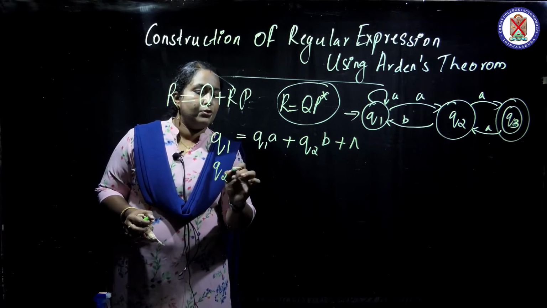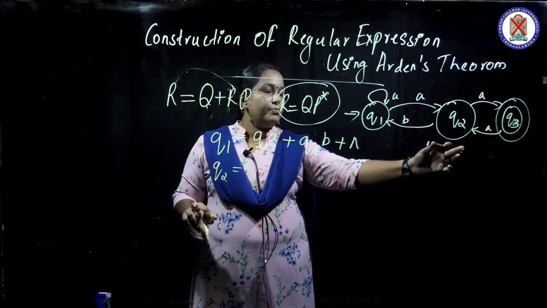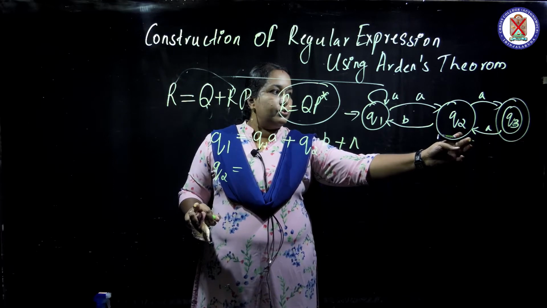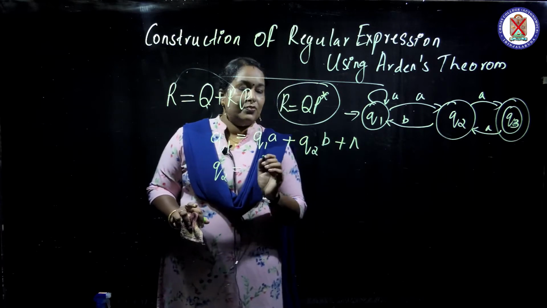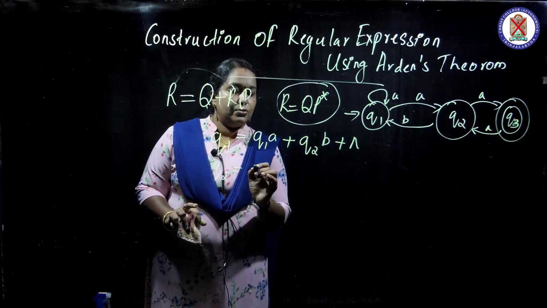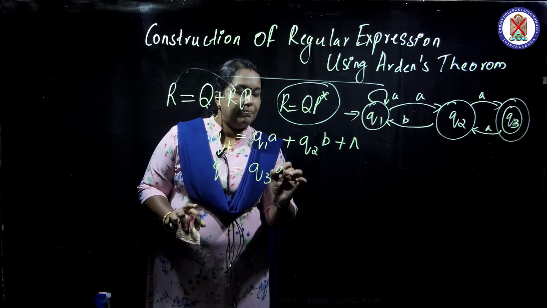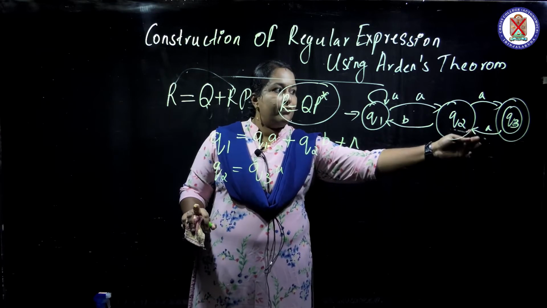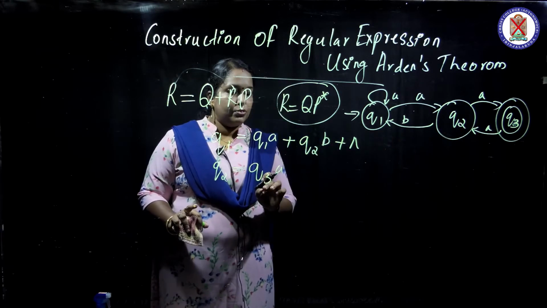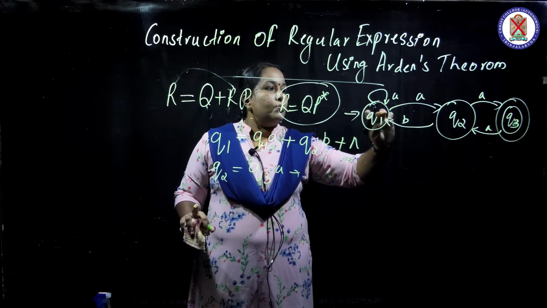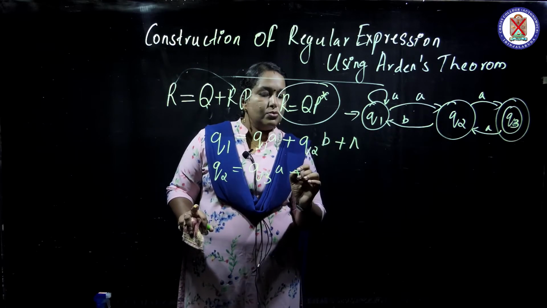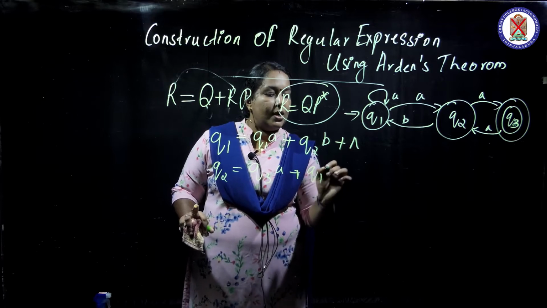Once you understand the first one, you can naturally write all the others. So Q2 is equal to what? From Q3 with A coming to Q2, so Q3A. Next, from Q1 with A coming to Q2, so plus Q1A.